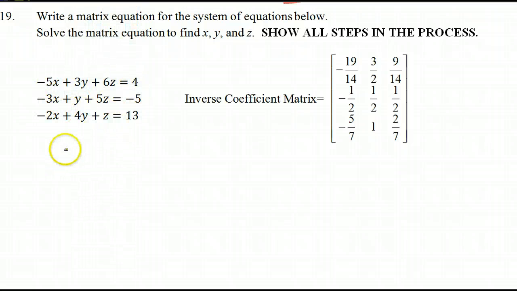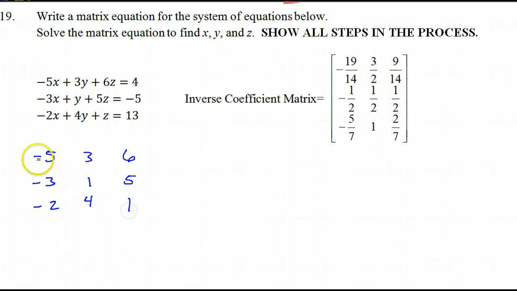Scanning across here, as I make my matrix equation, I see negative 5, 3, 6, negative 3, 1, 5, negative 2, 4, 1. This will be my coefficient matrix.